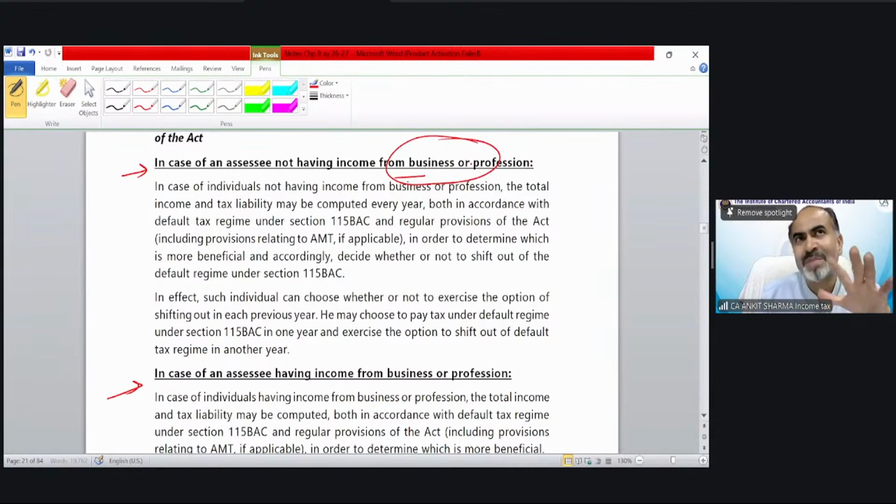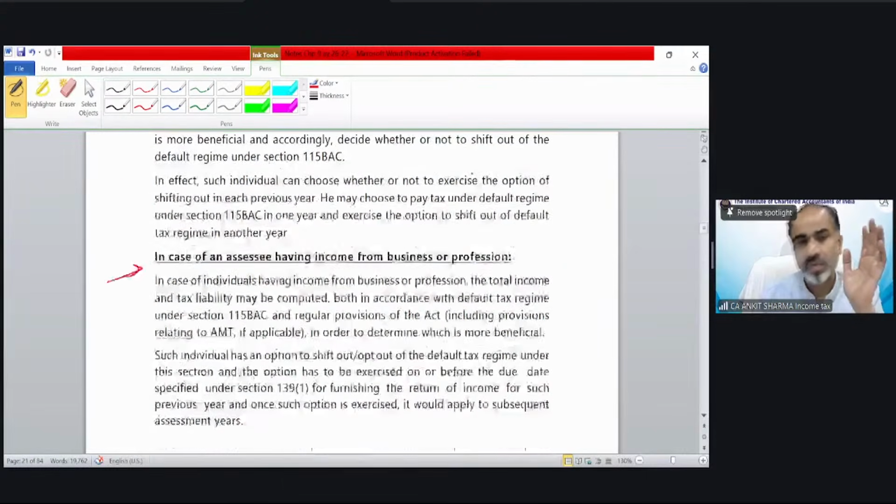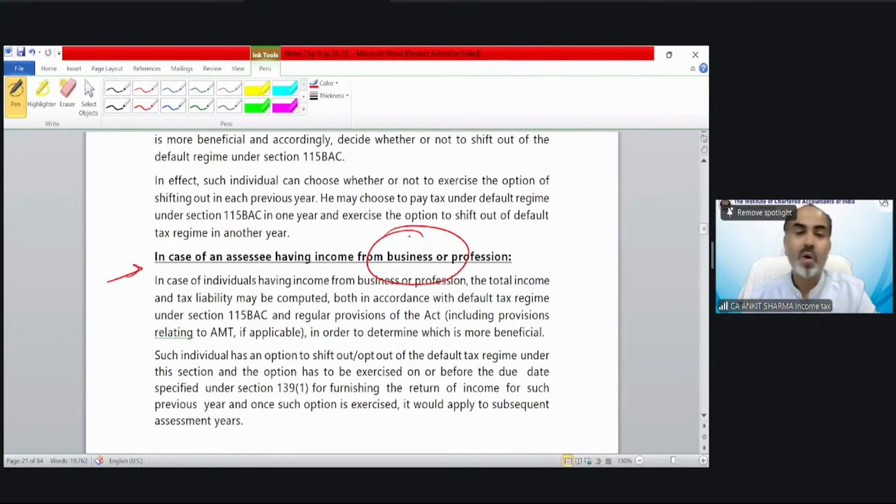I believe this concept must have been discussed in return filing of income also. So if you do not have any business income, in that case, you can switch into any mode in any year. In this year, you can pay tax as per the default tax regime. In the next year, you can pay as per the optional tax regime. In the next year, you can again come to the default tax regime. There is no restriction. But if you have business income, you can opt out of the default tax regime only once.